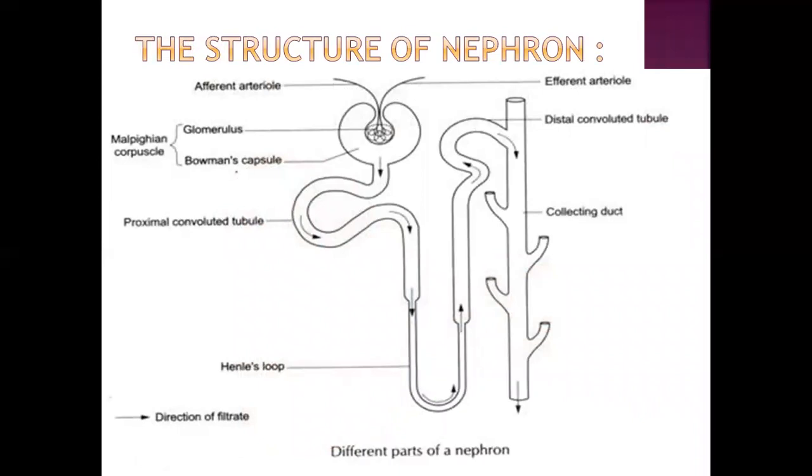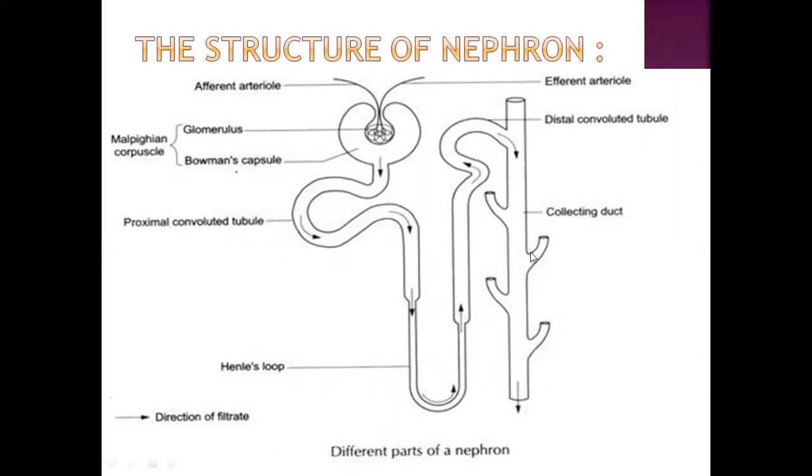Now, the nephron actually has two major sections. One is a tubular structure and the other is a blood capillary section. First we will discuss the tubular structure.